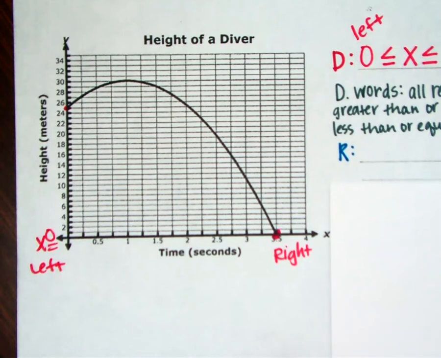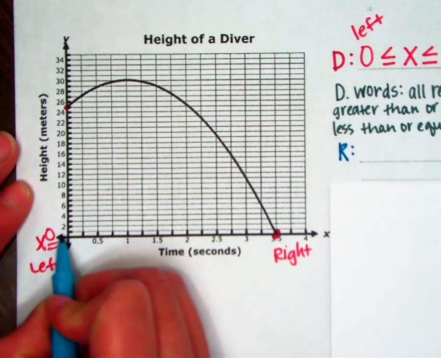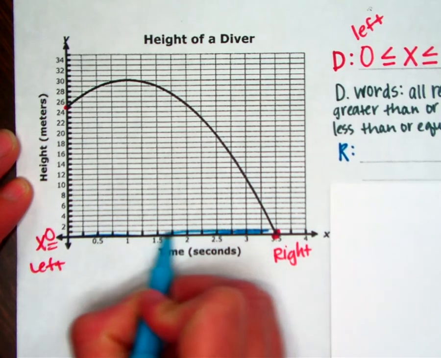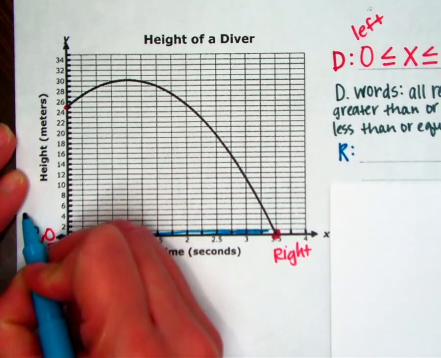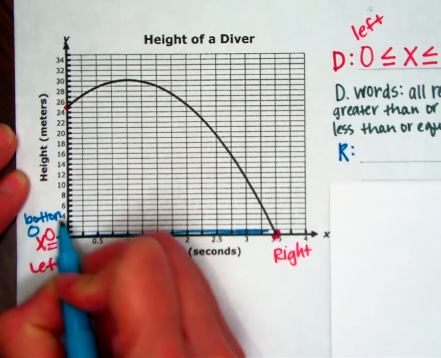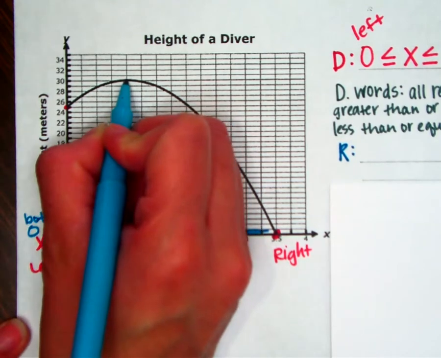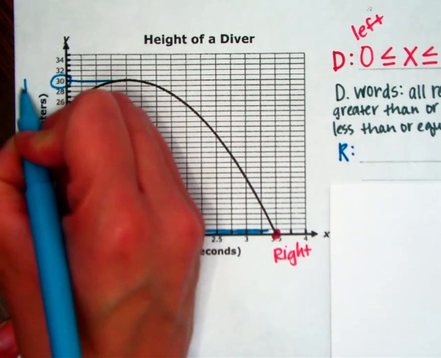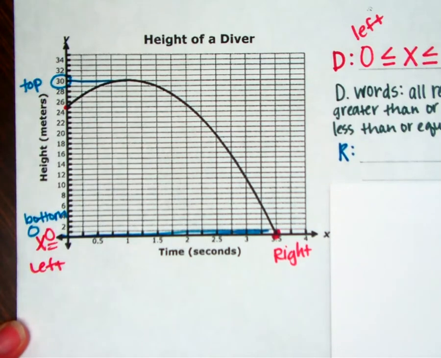The range when I'm looking at this graph is going to be from the bottom to the top. So if I look at the very bottom of my graph, this y value is also at 0. So this is the bottom, all the way to the top of my graph, and so the top of my graph will end at 30.